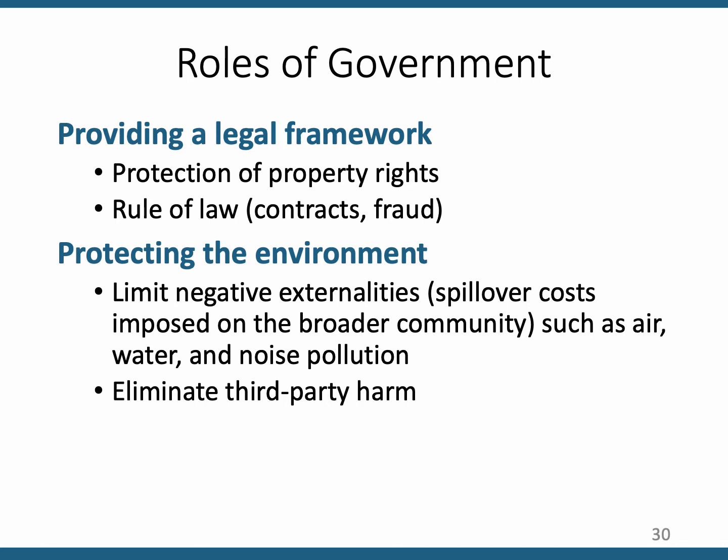At the very minimum, you need the government to provide a legal framework for the economy to be able to rely on. So this means a system of courts, a system of law enforcement that's not corrupt, so that people's property rights can be protected, so that one business can't steal from another business.